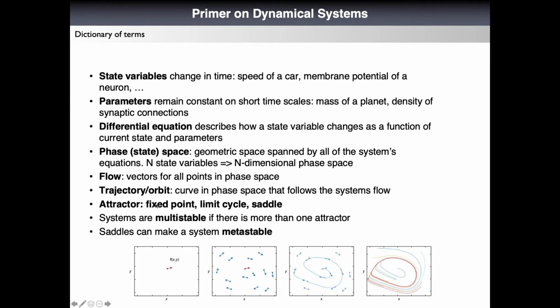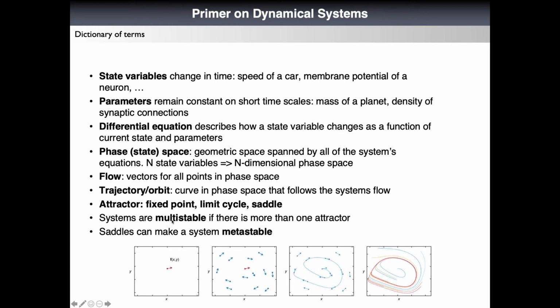Along these trajectories, we can have different dynamical structures like fixed points that represent equilibrium points, limit cycles for periodic behaviors, or saddles that are like crossroads.